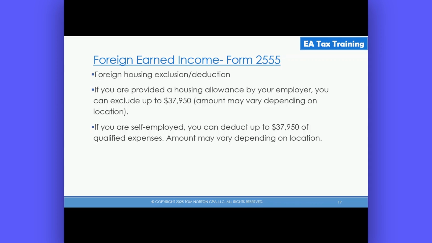And then if you are self employed, you're not getting reimbursed by anybody. So there's nothing to exclude, but you can then deduct up to $37,950 of qualified expenses. And again, that amount could vary depending on which country that you live in. So you have two pieces of this exclusion. You have the earned income exclusion and you have the housing exclusion as well, at least potentially, depending on your arrangement with your employer.